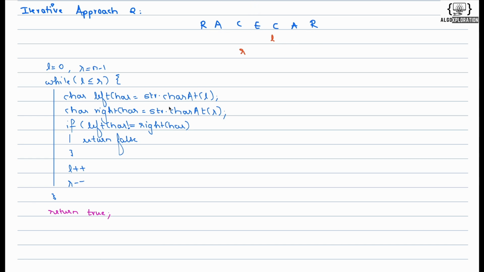Due to that, the while loop will be running for n by 2 times, so the time complexity will be order of n only. And here we didn't take any extra space, right? So the space complexity will be constant, that is order of 1. So if you see, the second approach is much more optimized than the first. So you can use this.